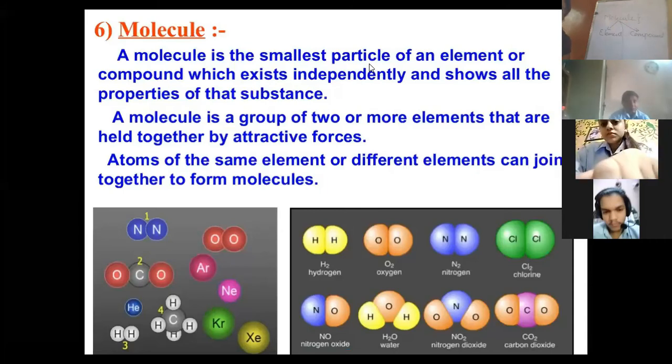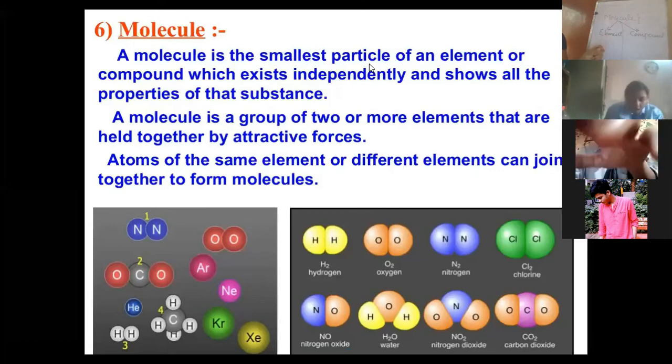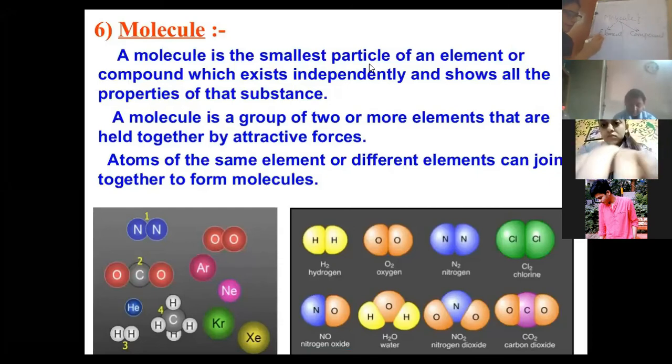What is the basic difference between them? If atoms of the same element combine together to form a molecule, like H2, O2, N2, Cl2, they tend to share electrons so as to be stable, forming a group of two or more atoms.